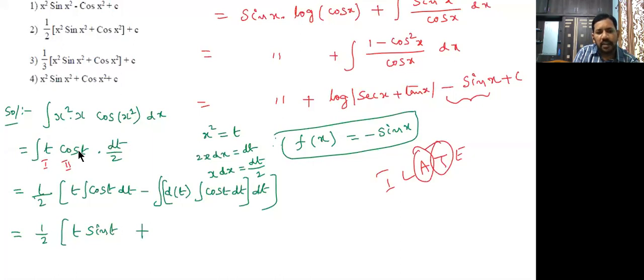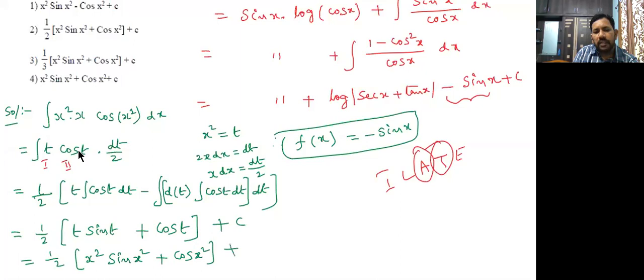Already minus is there, it is going to plus cos t plus C. Now in place of t substitute x square: sin x square plus cos x square plus C. This is the answer. Which option is correct? Second option is correct. Yes, second option is correct.